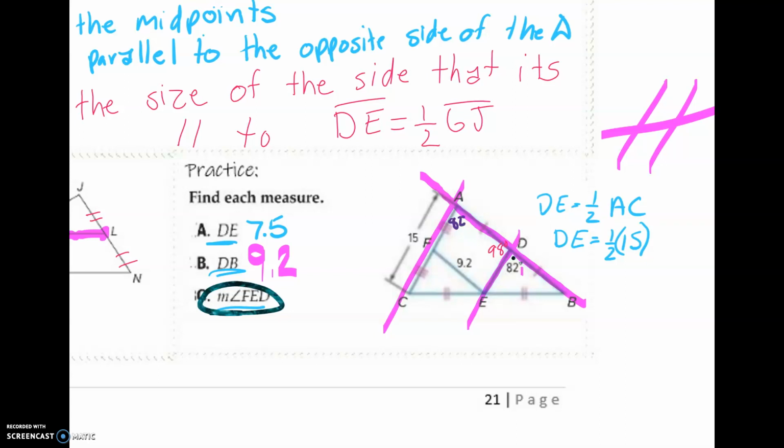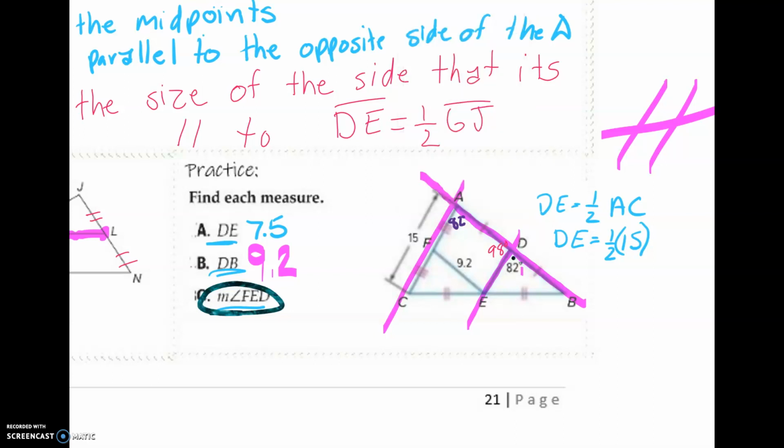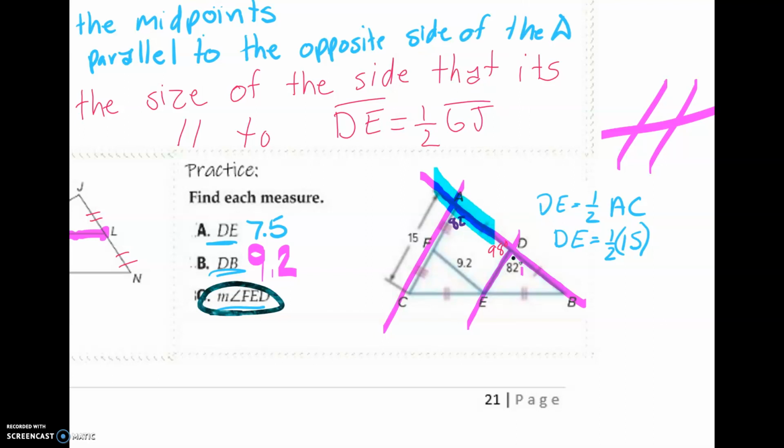Now, I used all I could with that set of parallel lines. But we also know that this set of parallel lines will also exist as well. So now we can tie those in.